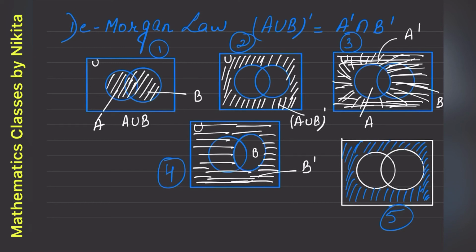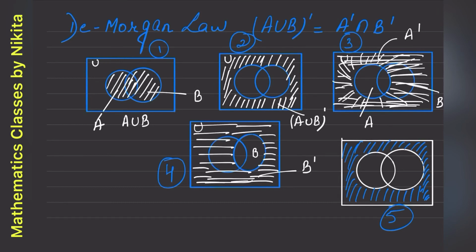Because see, I cannot take these elements because they are not inside figure 3. I cannot take these elements because these elements are not in figure 4. So basically the common elements are outside these two circles. That means this. And you can see that figure 2 and figure 5 are equal.